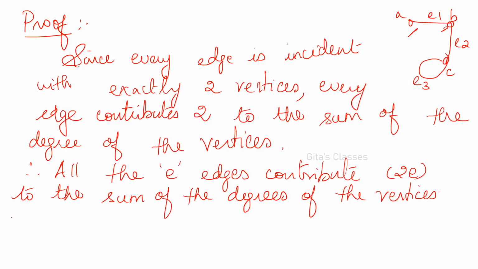That is, we know that sigma i, degree of Vi, is equal to twice the number of edges. Hence the proof. That's all.